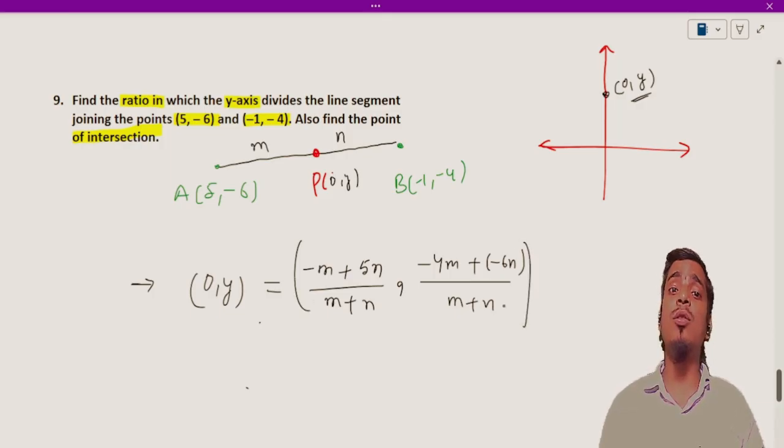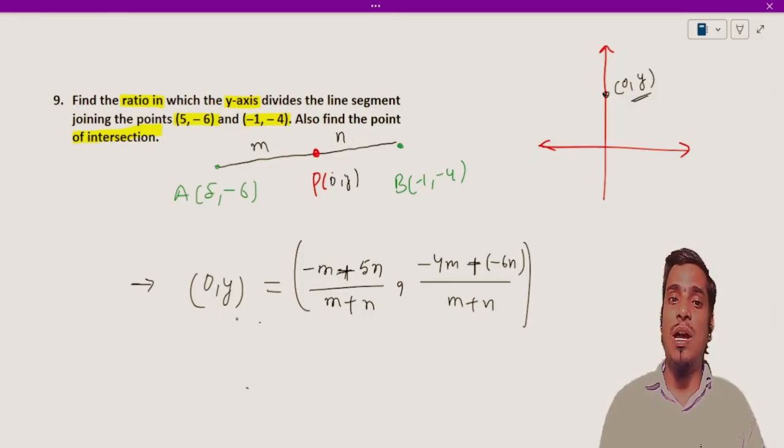Once we multiplied m by minus 1 we got minus m, and multiplied by 5 is 5n. As this is the internal section formula, we put addition over here, and in the denominator we write the sum of the ratio. Now we need to find the value of m and n.